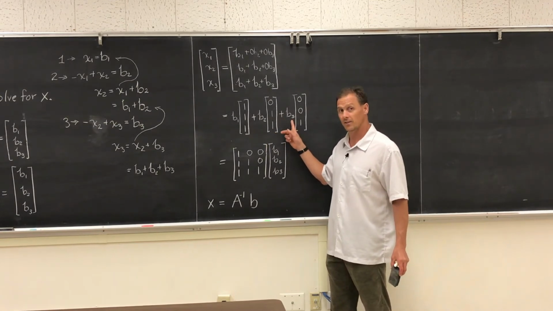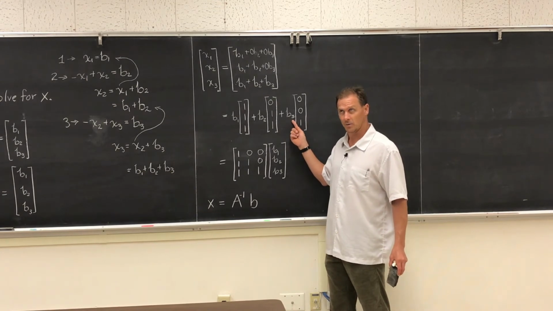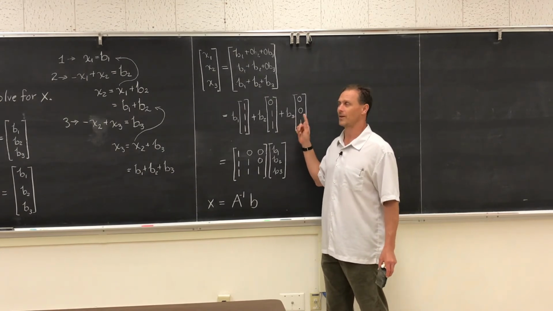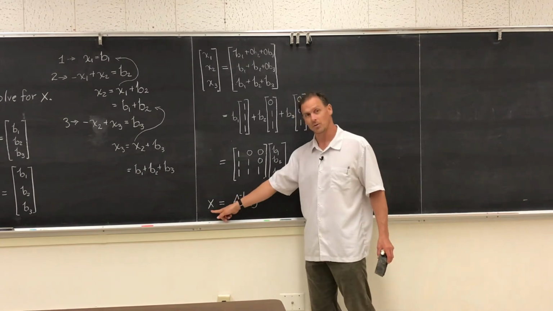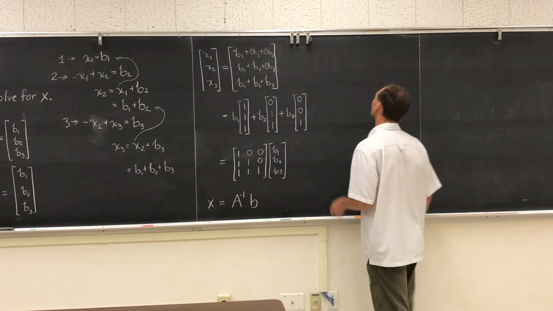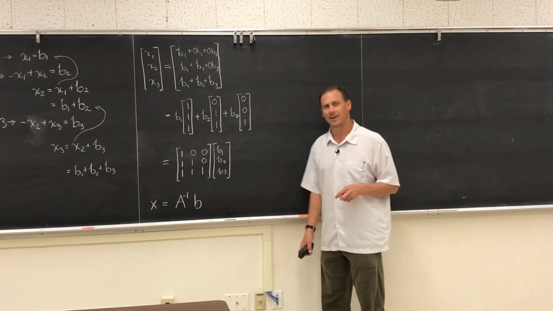And so, yes, indeed, if B is 0, then the vector X would also be 0. Okay? So that seems easy enough, doesn't it?